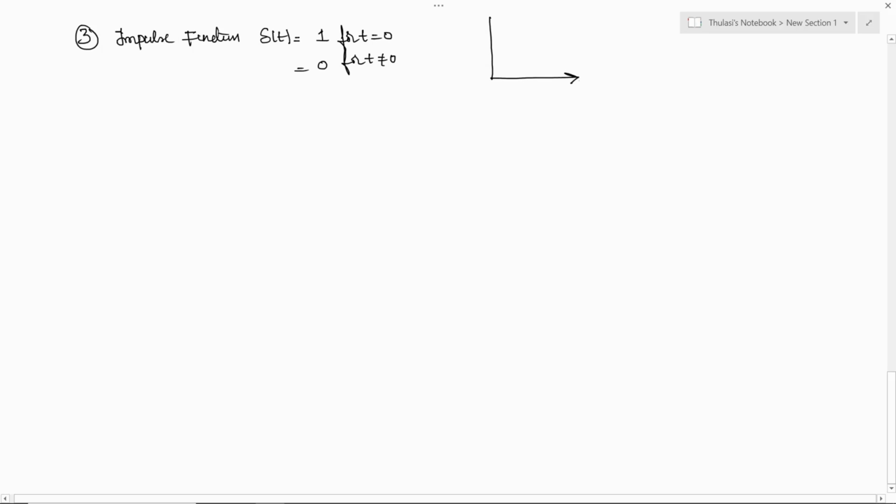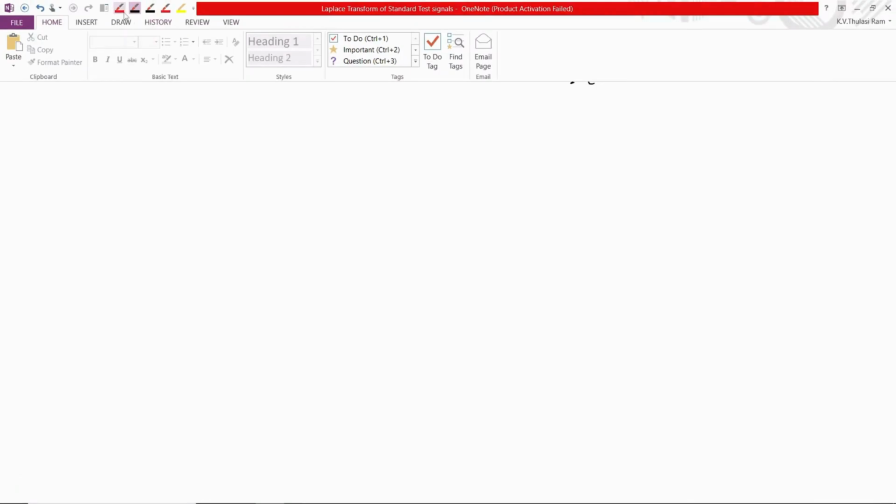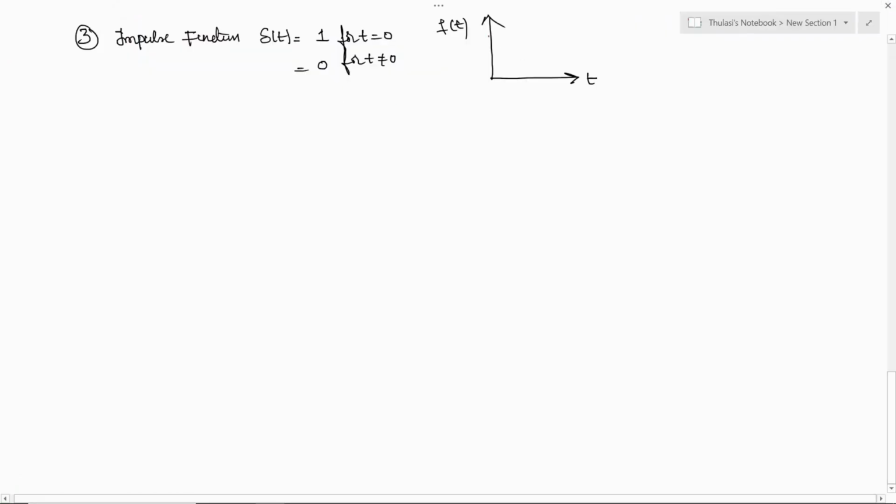Now the signal I am going to define here: on the x-axis I am going to have time, on the y-axis I am going to have f of t, and you can see here it maintains a magnitude of 1. This red one that I am showing maintains a magnitude of only 1 at t equal to 0.